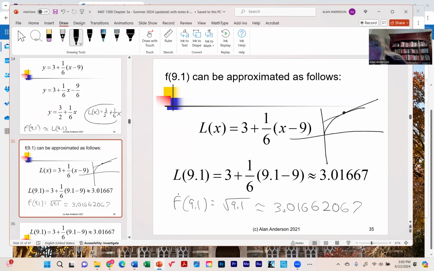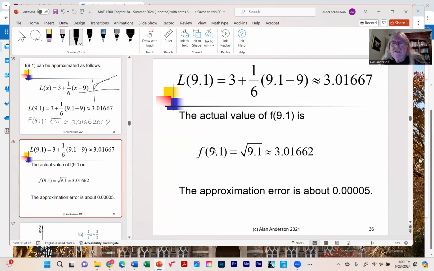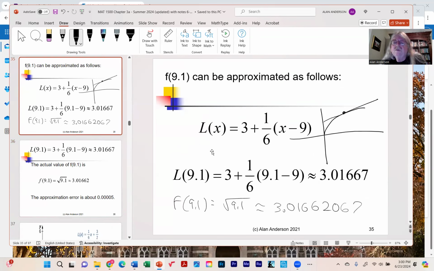That's pretty close. Yeah, that's pretty impressive. So yes, but again, because we were so close to the original a, this is what you would expect.